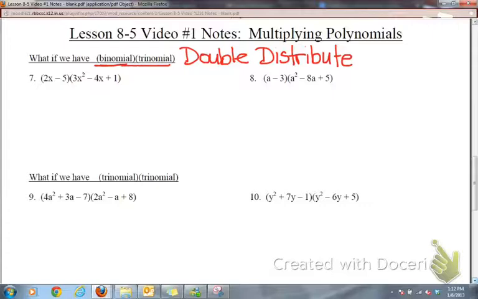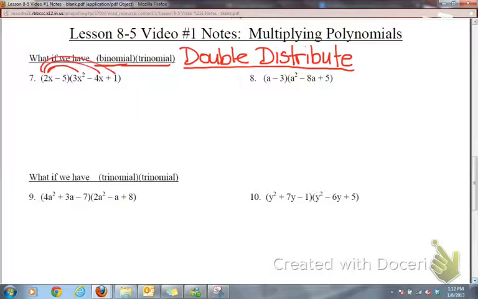And you can't just say the FOIL method, because the FOIL method is really only working for binomials times other binomials. So if you try FOIL with this, you'll probably forget a term. So you want to think of it as double distribute. And that just means take each item in the first set of parentheses, or in the binomial, and take it times each thing inside the next set of parentheses.